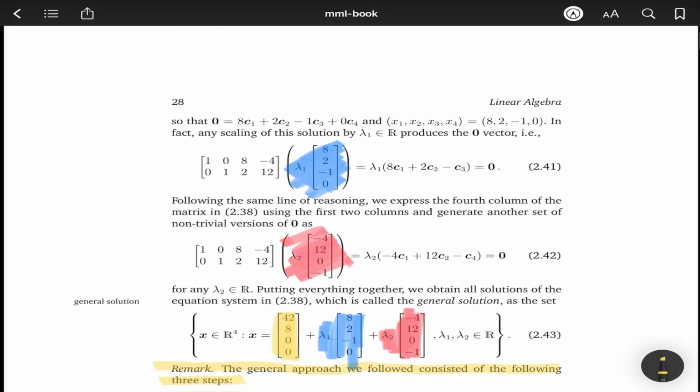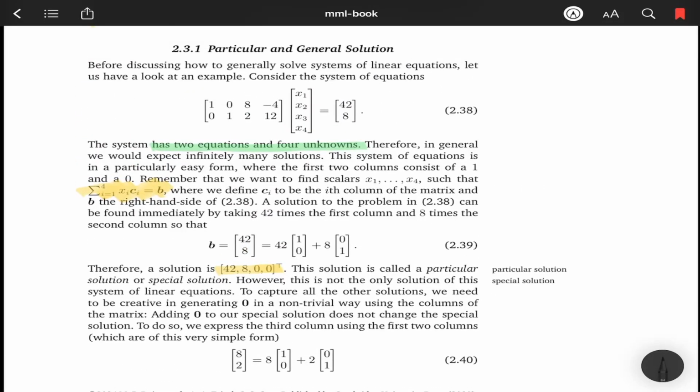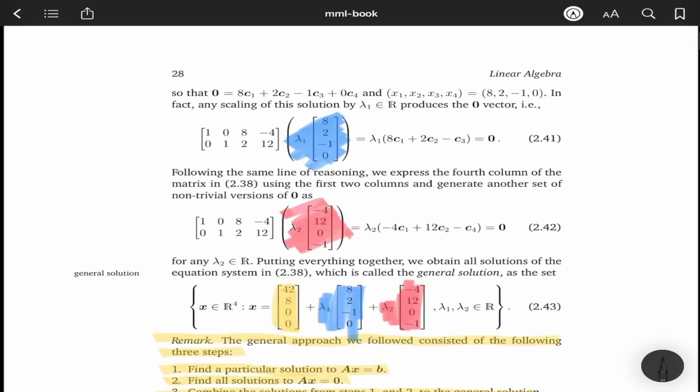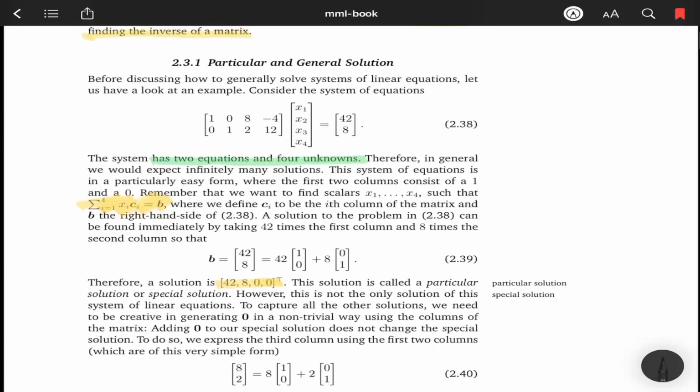Yeah, it's important that we understand that if you just take a look at the equation, you can find the particular solution. It's quite easy, I would say. But how do you know how the blue and the red equation is formulated? The trick is to look at the columns. I still remember that you can think of these columns as dimensions. I'm not really sure, but they are like dimensions and they belong together.